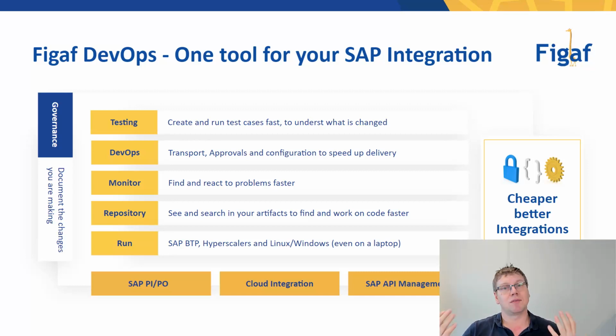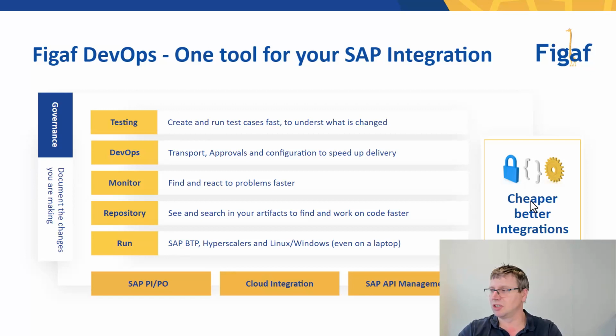It's about having a repository of all your artifacts in one go, and then you can run it on whatever platform you need, SAP BTP, hyperscalers, or Linux or Windows. We support PIPO, cloud integration, and API management. And across all of this, it's about making governance, make it possible for you to document what's going on.